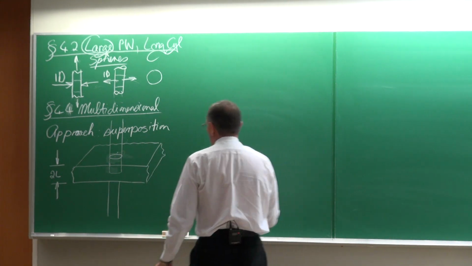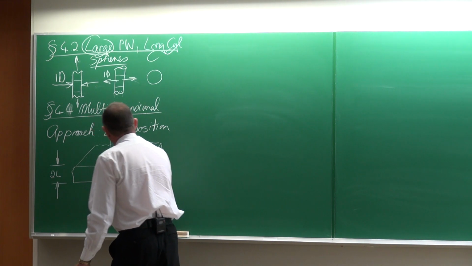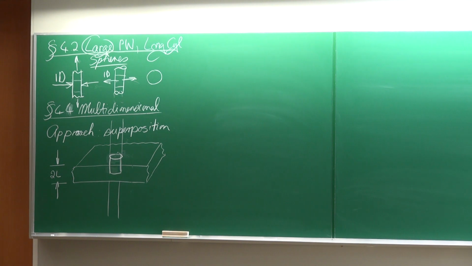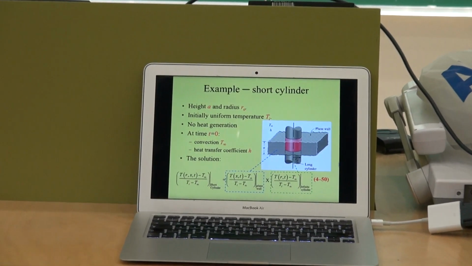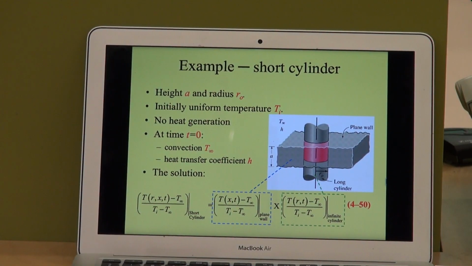And if you use your imagination a little bit, and maybe if you can draw better than I can, you will see the product of it is a short cylinder. And that is shown better in this PowerPoint. So the sketch is much better than mine. Do you see it? So the product of two solutions gives you that of a short cylinder.